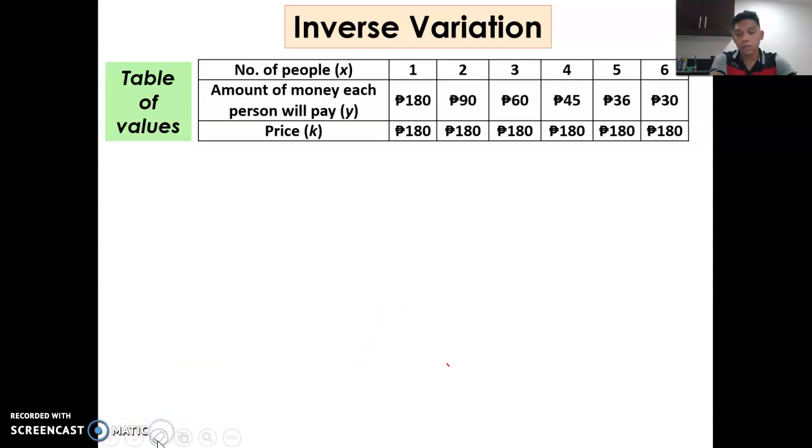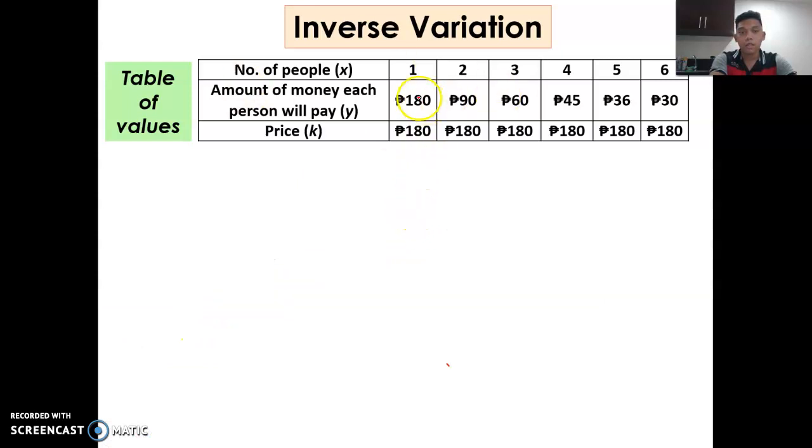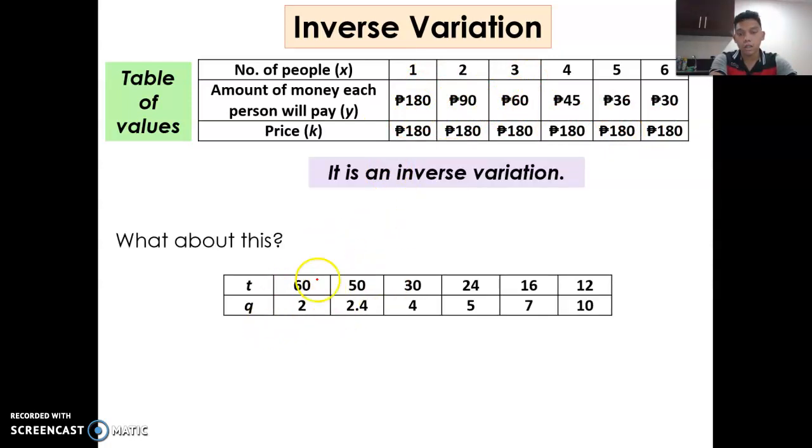Now, let's look into some details regarding inverse variations. For example, let's check. This is an inverse variation; we've checked this one already, since the products are the same. But let's see if the given table here is an inverse variation. The product for this one is 120, and this one is also 120. This is 120, 120, and I don't know about this one.